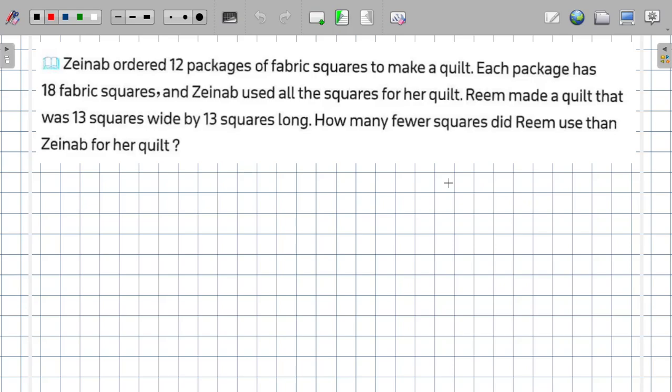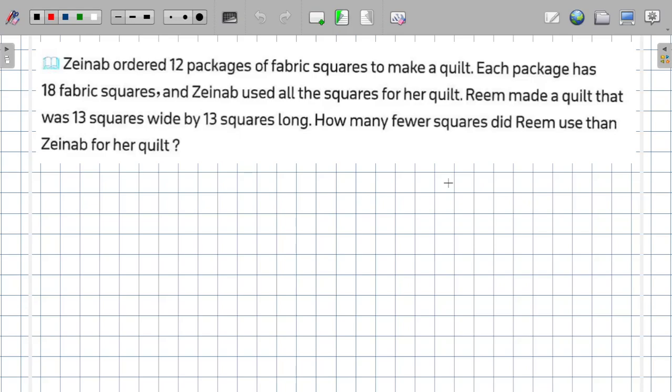Reem made a quilt that was 13 squares wide by 13 squares long. How many fewer squares did Reem use than Zainab for her quilt? So I think here I want to know the difference between the number of squares of the first quilt and the number of squares of the second quilt.